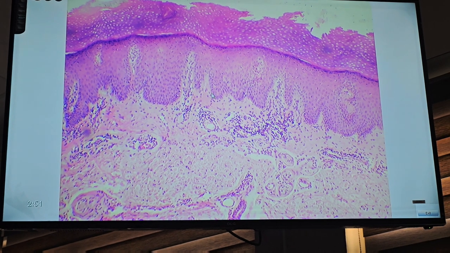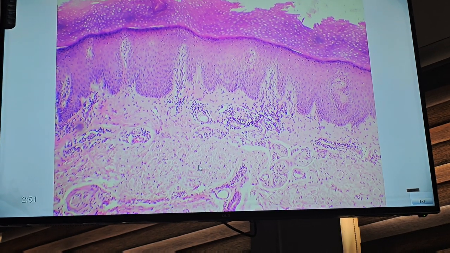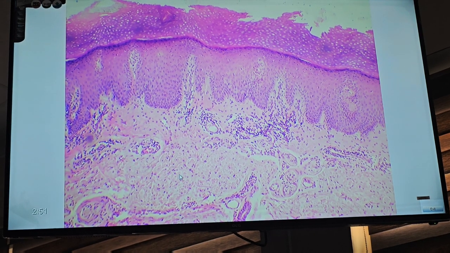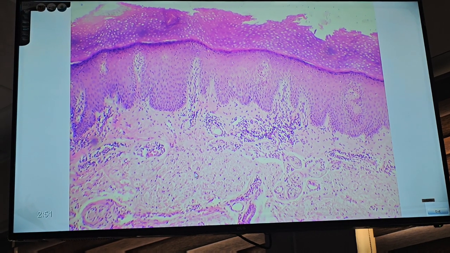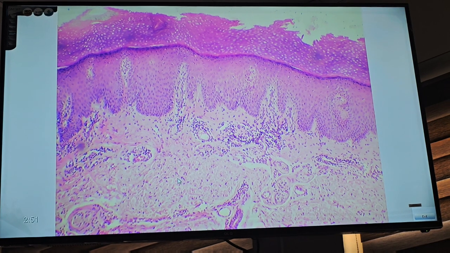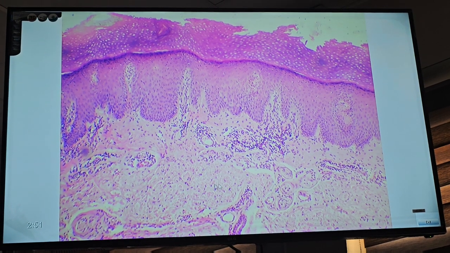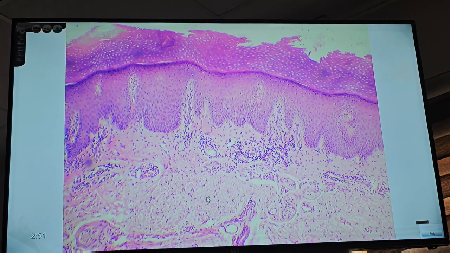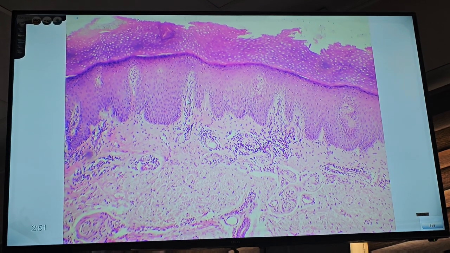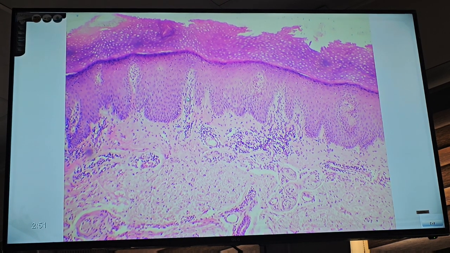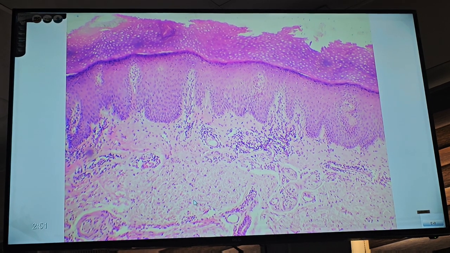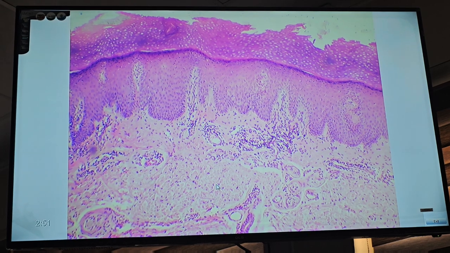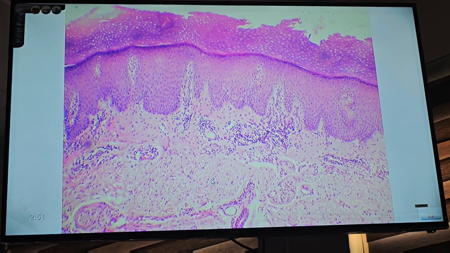The deep reticular layer consists of dense irregular connective tissue with type 1 collagen fibers, in addition to a network of elastic fibers. Papillary layer is a thin layer of loose connective tissue, while the thick reticular layer consists of dense irregular connective tissue.